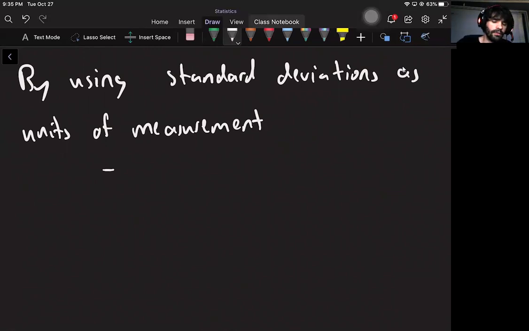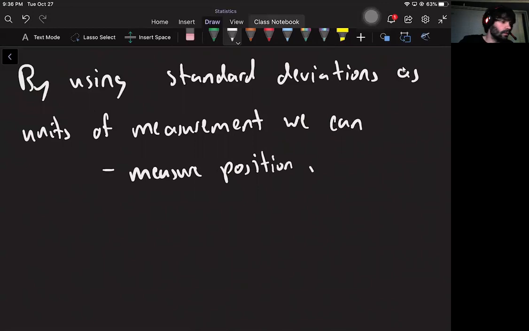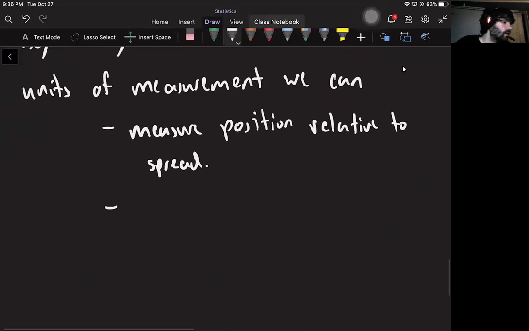Okay, so what will this do for us? We can measure position relative to the spread, because the spread is the standard deviation. Well, the standard deviation tells us how spread out the data is.